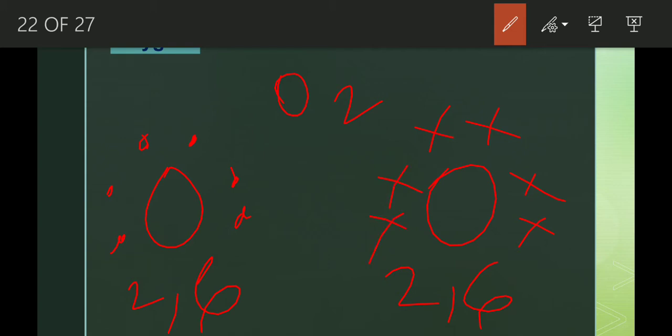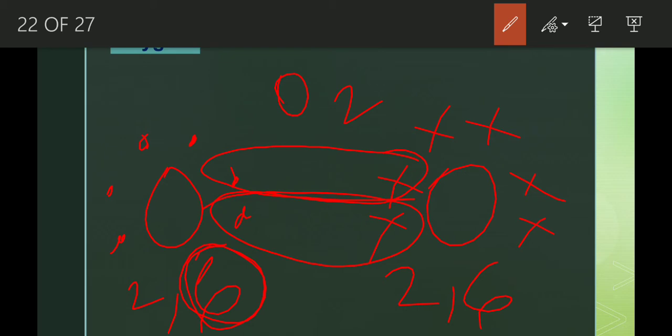Now the nearest noble gas of oxygen is neon, whose electronic configuration is 2, 8. So here it's 6. That means each oxygen atom will require 2 extra electrons to attain the octet, so as to attain a stable electronic configuration. So they will share 2 pairs of electrons.